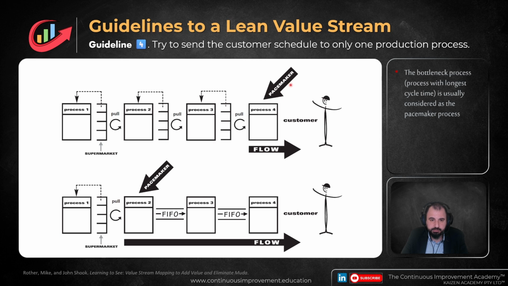So for example, in this scenario, the pacemaker process will be scheduled at process number 4, and all the other processes will be producing according to the actual schedule of the pacemaker process number 4, because process number 3 is connected to process 4 via supermarket, and also the same thing between process 2 and process 3, and process 1 and process 2.